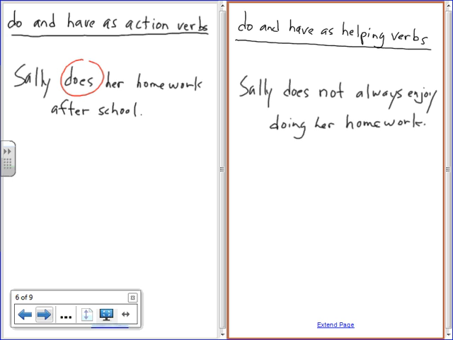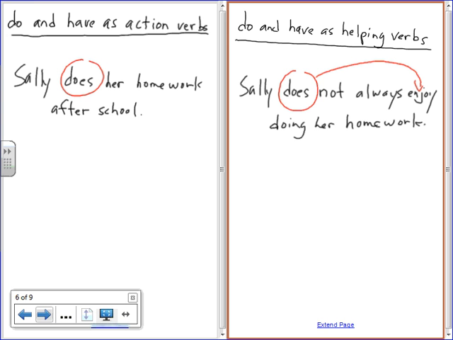Well, in this sentence, guys, does is not an action verb. It is a helping verb, helping out the main verb, enjoy. So you see, that is one example in which we use do, does, did as helping verbs.